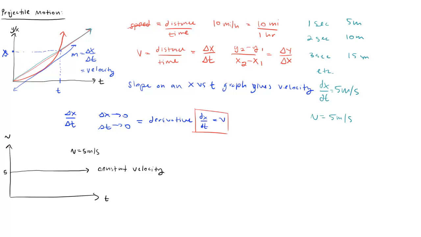But if we're curved, like we are here, then this function is concave up, which tells us that our velocity is going to be increasing. And so you'd have something more like this. That's our velocity. And our velocity is going to be the derivative of the x function, dx/dt.